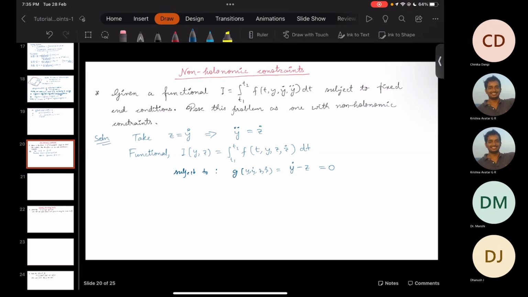So we have a relation between y dot and z. So essentially now our problem is one with non-holonomic constraints.